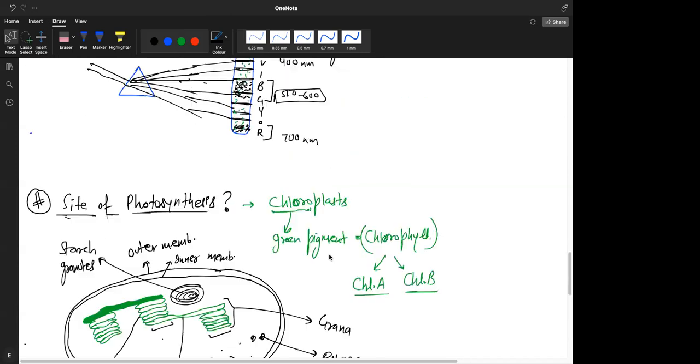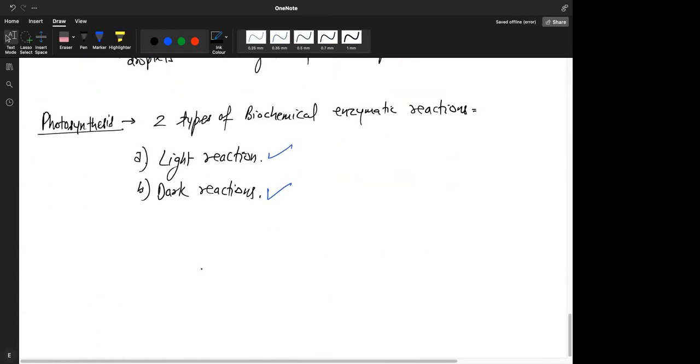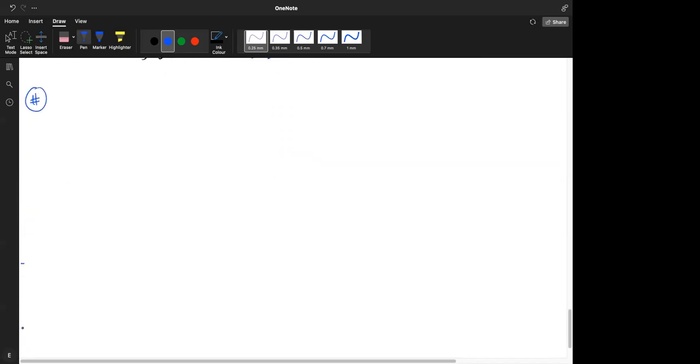Remember, we left this chlorophyll A and B part. Yes, there are two chlorophylls. Now let's come to this part. So how many pigments are there in photosynthesis? This part we are going to study about the pigments. So the overall process is clear to you?